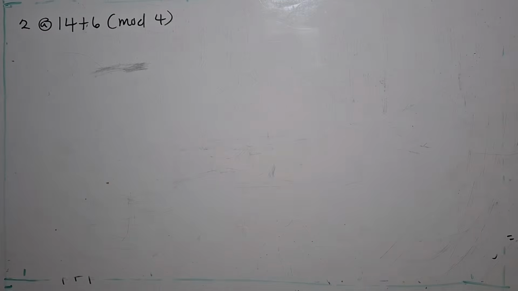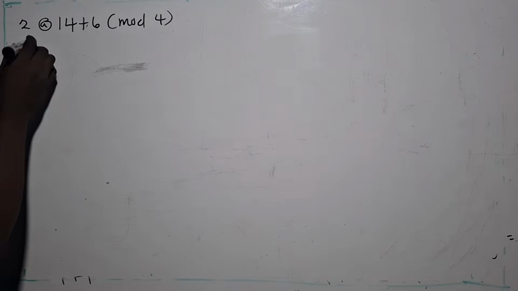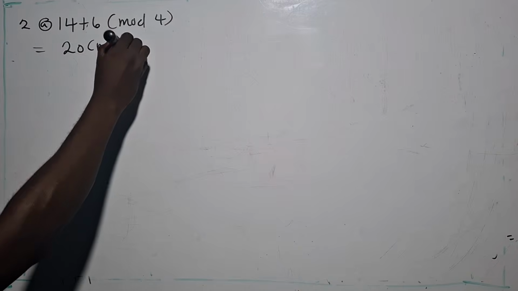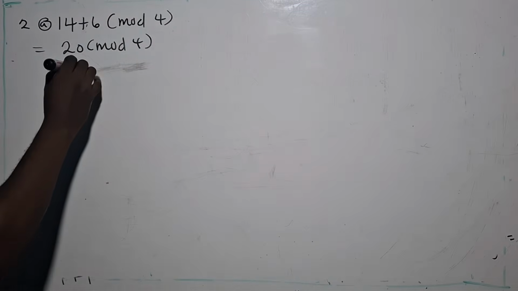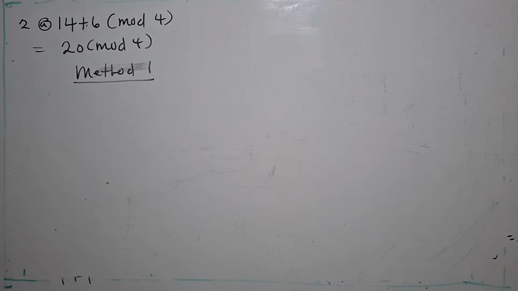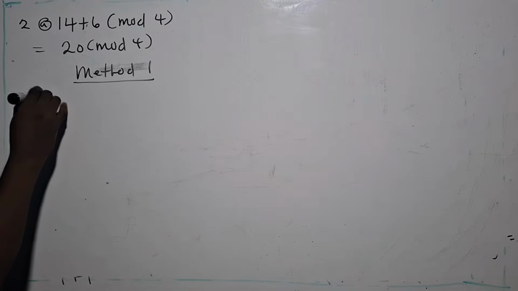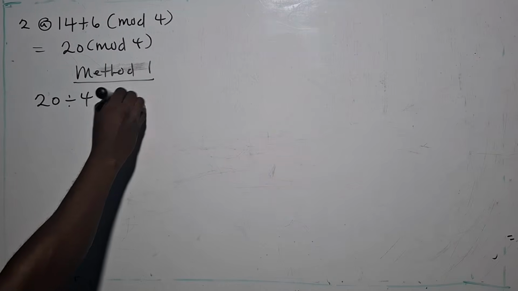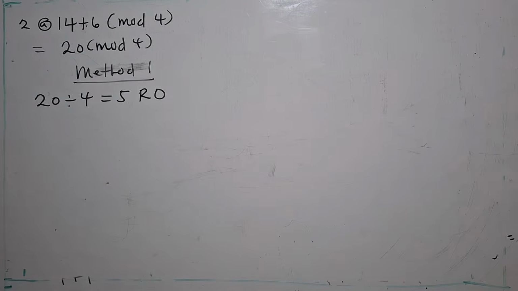So 14 plus 6 mod 4. As I said, with this one, you simplify it first. 14 plus 6 is 20 mod 4. I'm going to use method 1 and method 2. For method 1, I'm going to use the division method. So I'll have 20 divided by 4, which gives me 5, remainder 0.